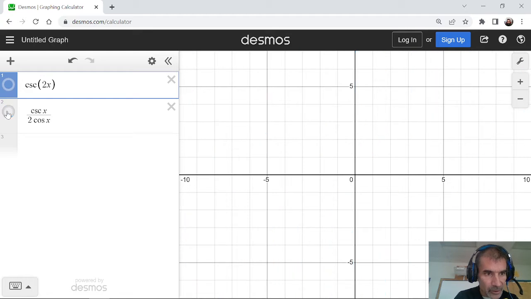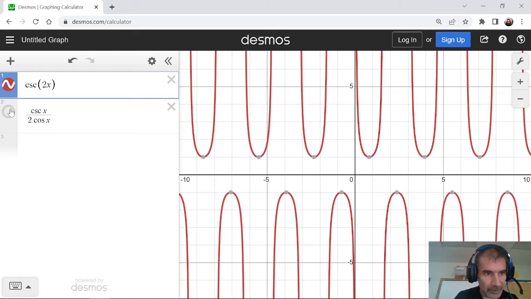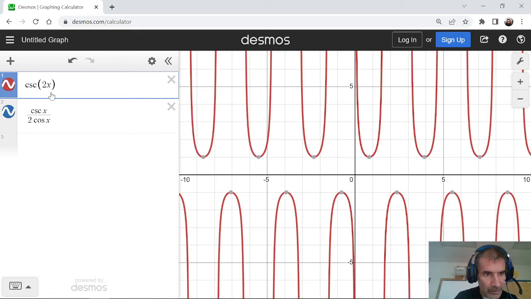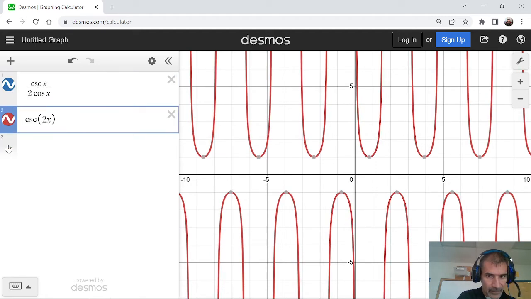And as you can see, the two graphs are identical absolutely everywhere. So if I change the order of them, you'll see that they're identical.